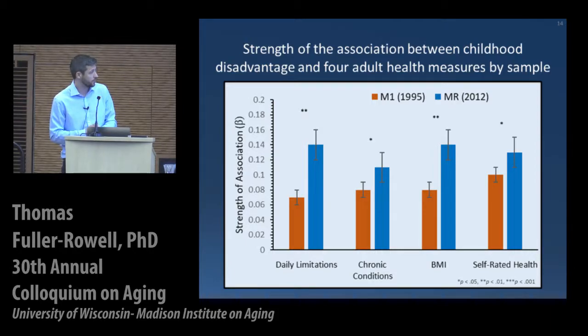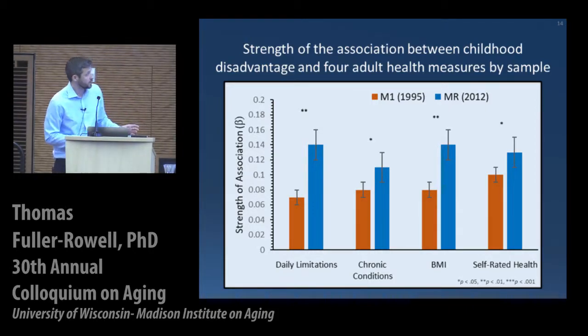So across all four of the health outcomes, it seems that childhood socioeconomic disadvantage is a stronger predictor of all four of the health outcomes in the more recent 2012 sample than it was in the 1995 sample. So as inequality in society is growing over time, it seems that we may be becoming more stratified such that childhood circumstances could be becoming a stronger predictor of adult health outcomes.